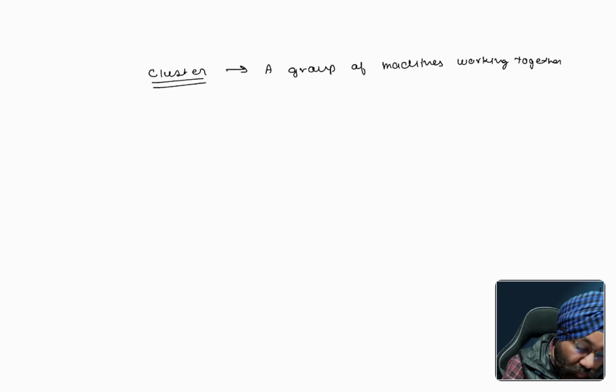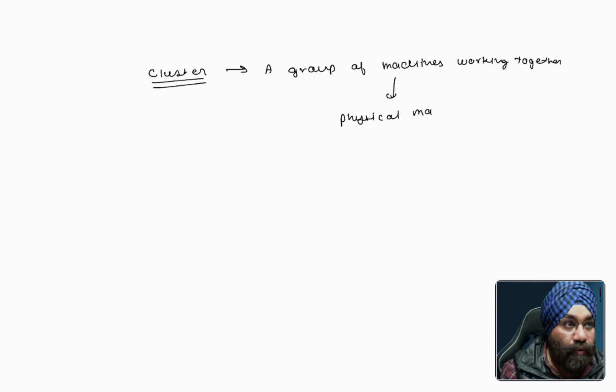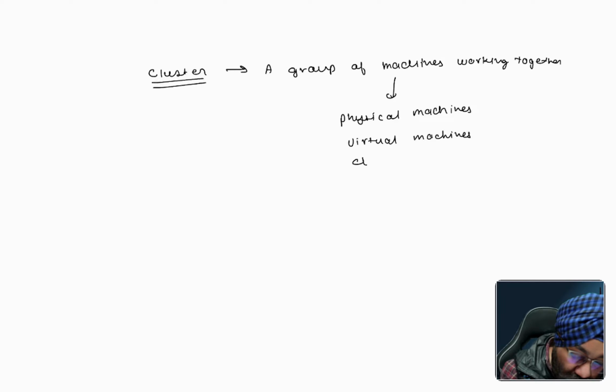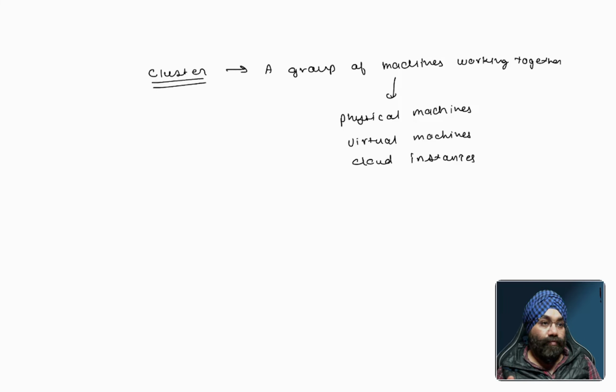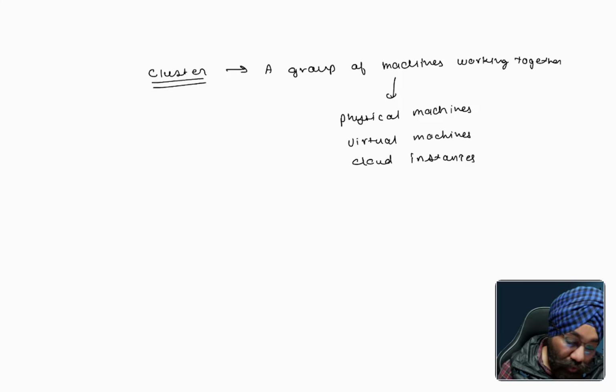These machines can be physical, they can be virtual machines as well, and they can be cloud instances as well. So this can be any group of machines.